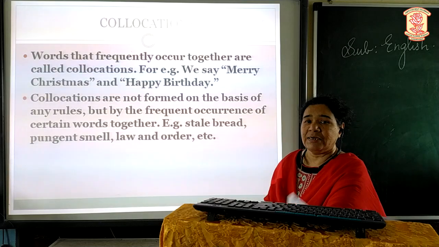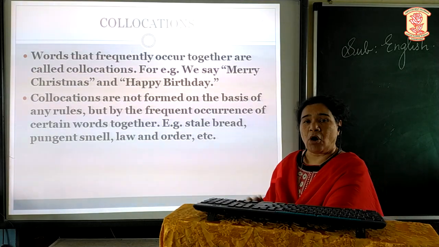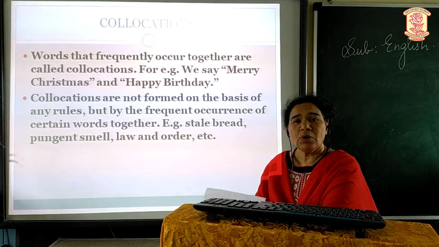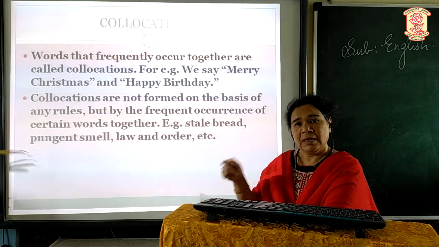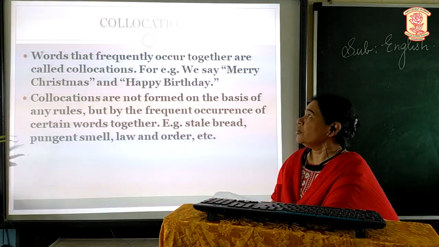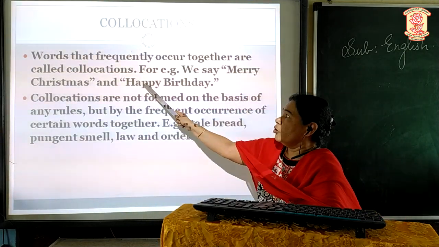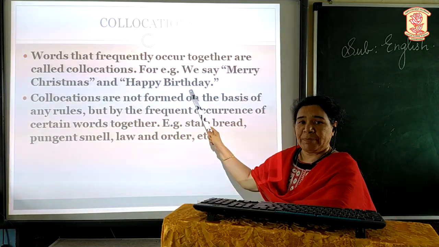Now we'll begin another topic, that is collocations. Words that frequently occur together are known as collocations. There is no hard and fast rule for collocations. Only the words that follow one after the other are known as collocations. For example, we say Merry Christmas and Happy Birthday.